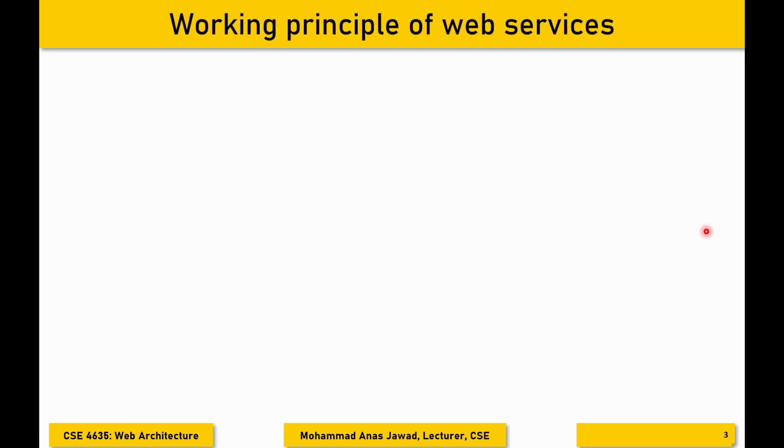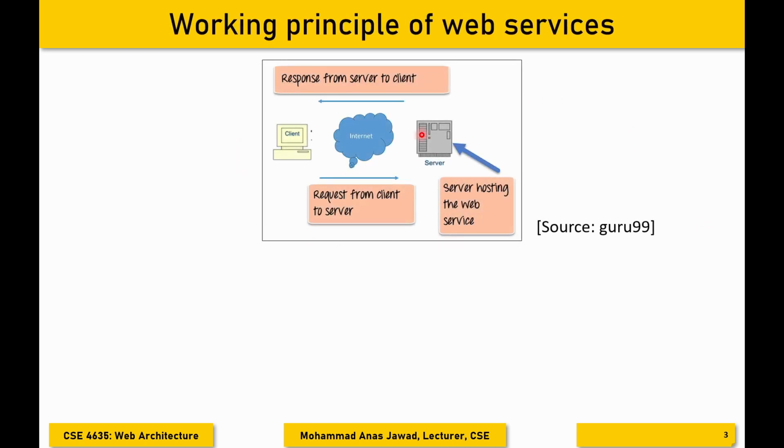Now let's take a look at the working principle of web services. In this picture, you can see that we have a client and we have a server. The server is hosting some kind of web service. Again, remember that a web service is nothing more than a software module which has, suppose, a particular set of methods that perform some kind of functions.